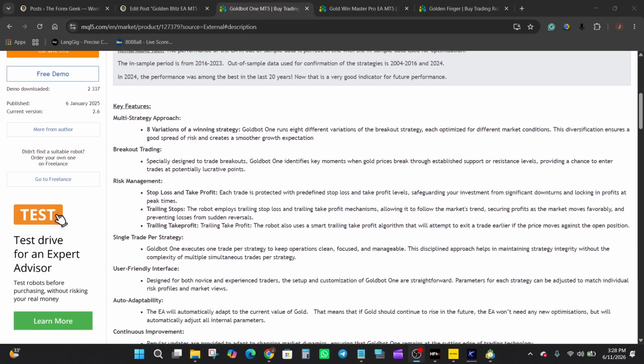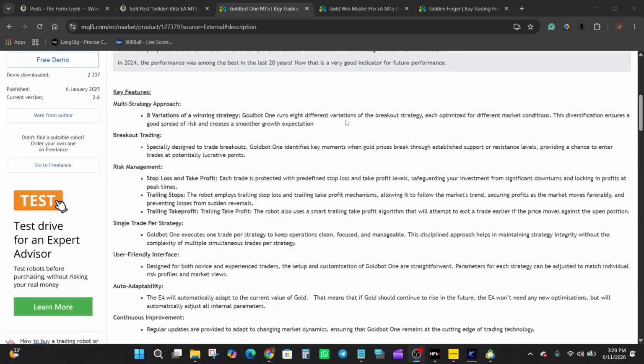Another important element is the risk management design. Every trade is assigned predefined stop loss and take profit levels, and there are also trailing stop and trailing take profit mechanisms. From what is described, these tools are used to help manage open positions dynamically as price moves rather than relying on static exit points alone.